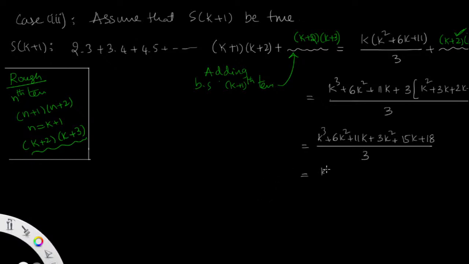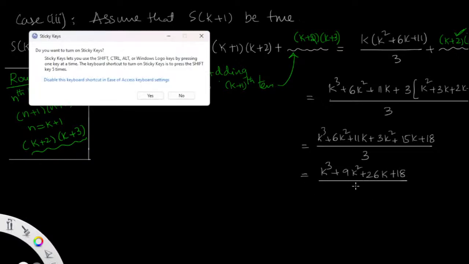Like terms should be added: k cube plus 6 plus 3, that is 9k square, plus 11 plus 15, that is 26k, plus 18, divided by 3.